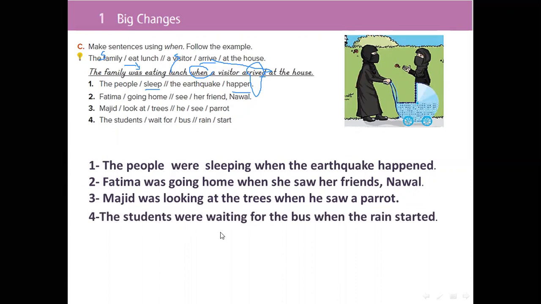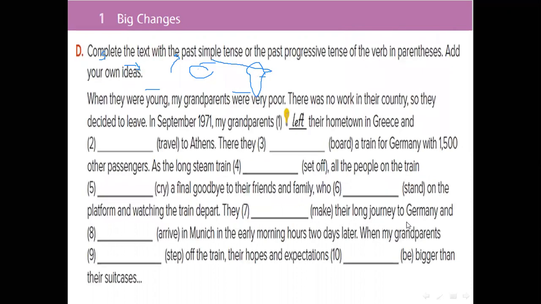The students were waiting for the bus when the rain started. Wait, were waiting. Why? Because students are plural. And start, started, change into simple past tense. Do you get it? Okay.